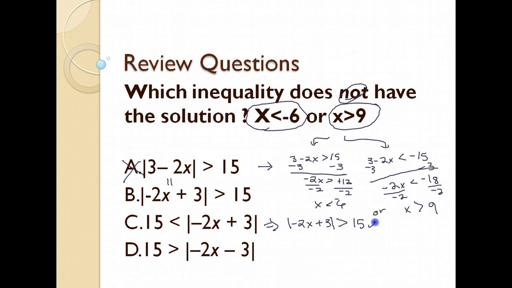Notice how this and this and this are saying the same exact thing. So C should be the answer. I want you to prove it by actually doing C and showing that x is not less than 6 or that x is not greater than 9. Okay, so you have the task of proving that D is the right answer.